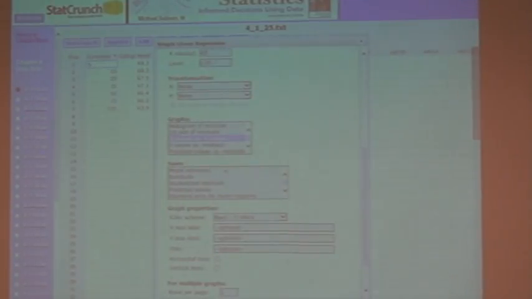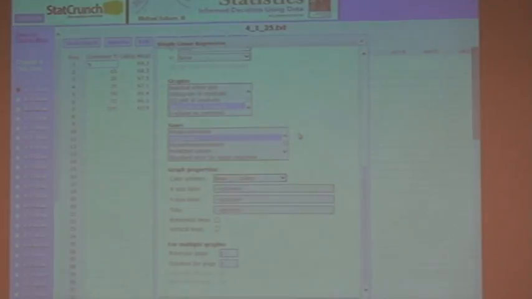Then I'm going to go down where it says save. I'm going to save the residuals. And where it says graphs, if you go up to the top and click on fitted line plot, and then you hold your control button, scroll down and hit residuals versus X values, it'll give you both of those plots.